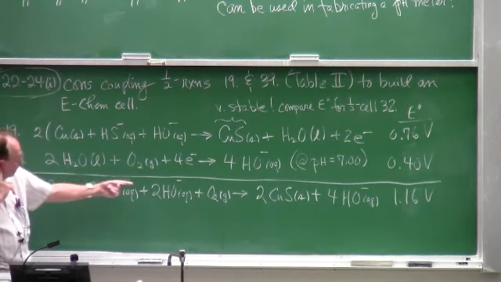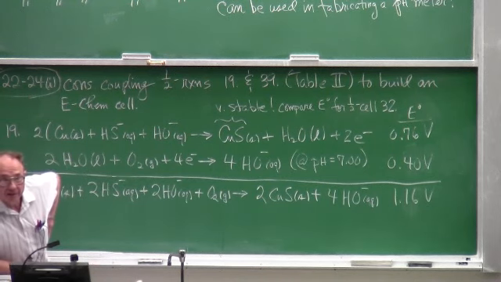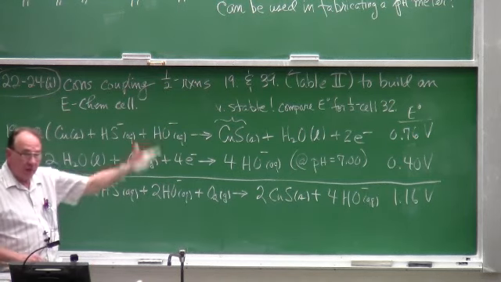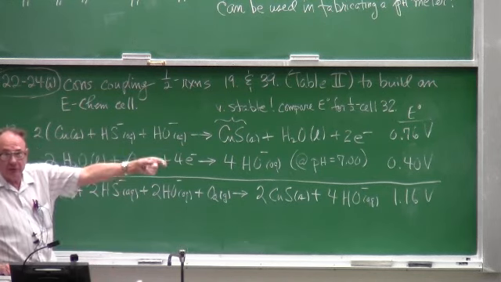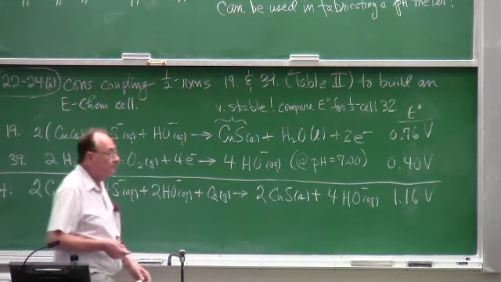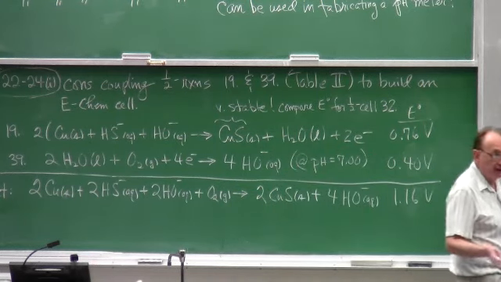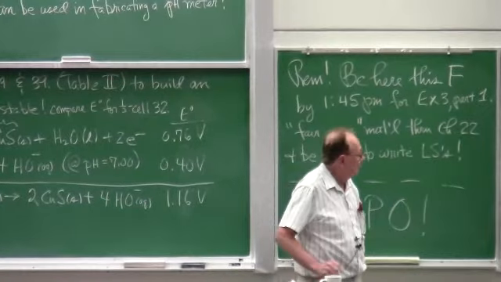If I go through this and double these coefficients, what's N? What is it? 8. If I triple the coefficients, 12. If I divide the coefficients by 2, then N is 2. Just pay attention to total change in oxidation state for the stuff that's oxidized or for the stuff that's reduced, because it's the same number.